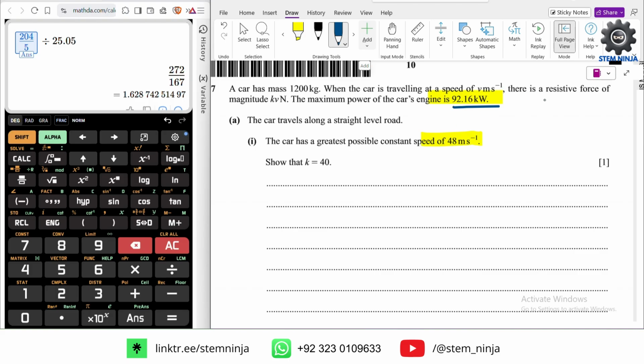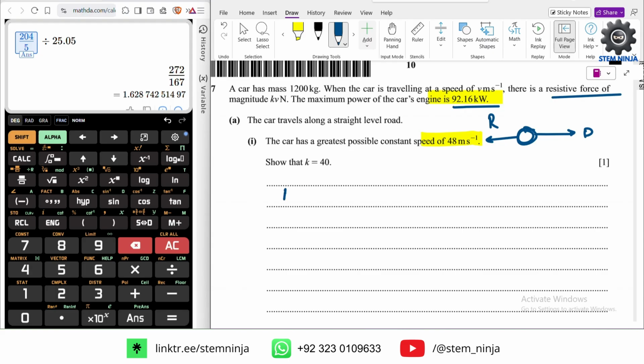So the maximum speed can only come from maximum power, because when your driving force is maximum and is able to maximize the work done against the resistive force, then you have the maximum speed.